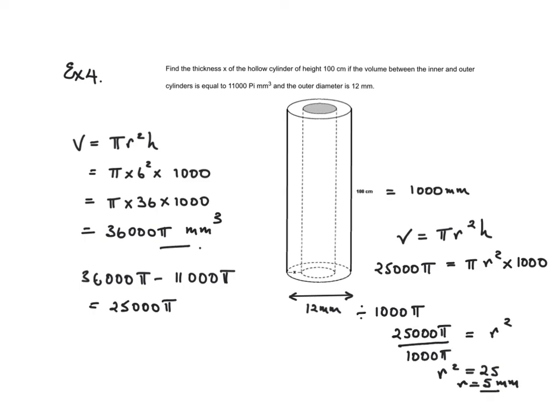Now if we double the 5 millimetres, that gives us 10, and that is this distance here, which is to say the diameter of the hole in the centre.